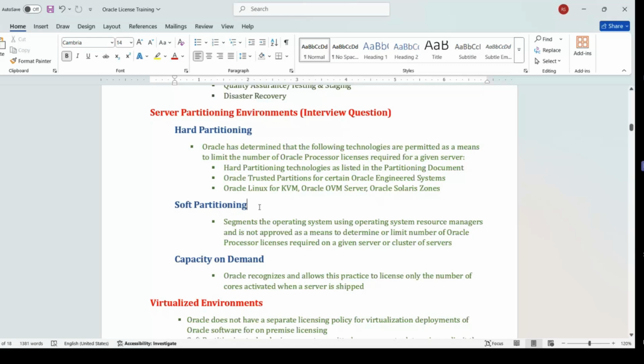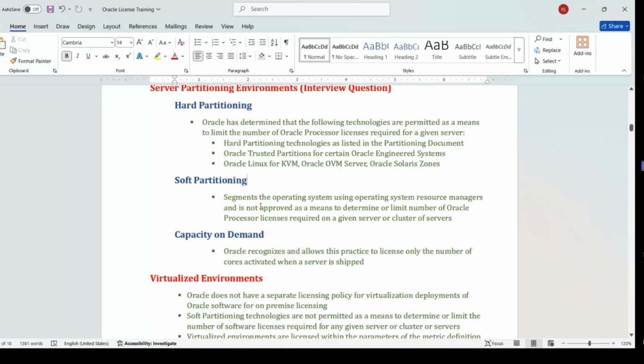And with soft partitioning, definitely they will consider the entire infrastructure needs to be licensed. If we have a physically separate server, that physical server must be licensed. If you are using a single VM, you need to license the single VM.